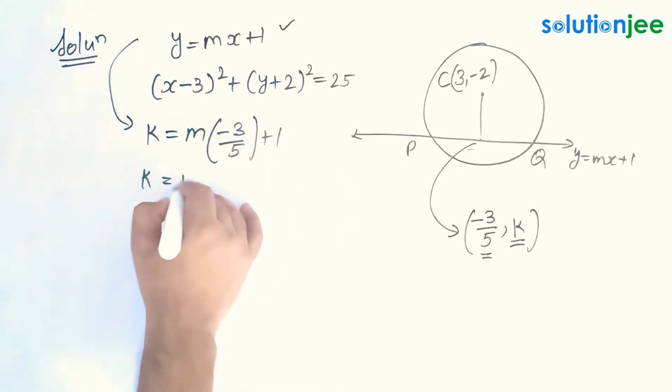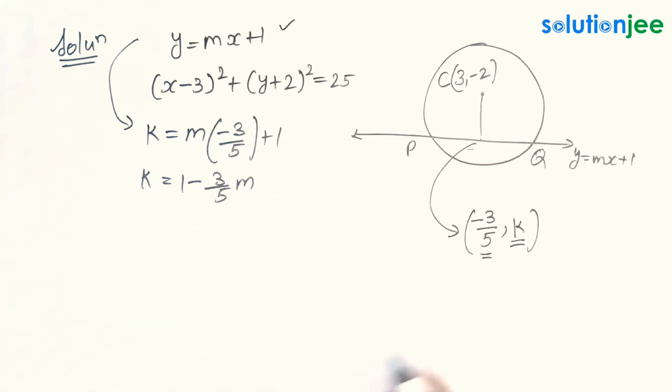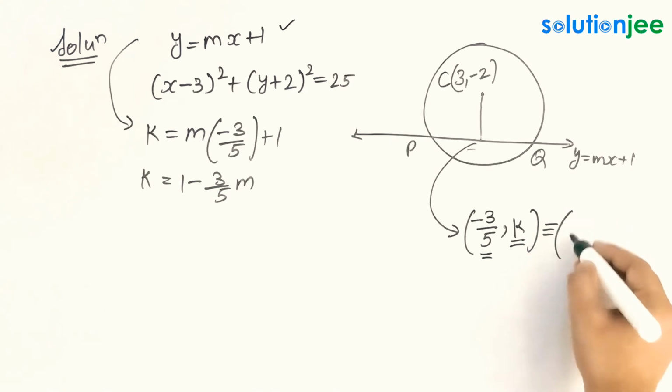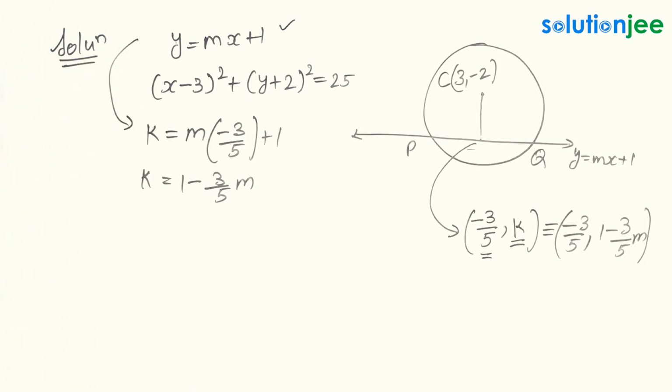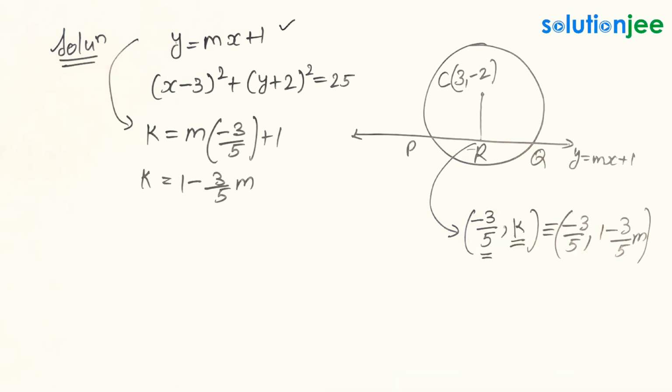So k will be equal to 1 minus 3 by 5 m. So the midpoint will be (minus 3 by 5, 1 minus 3 by 5 m). Clear? Okay. Suppose this point is capital R.